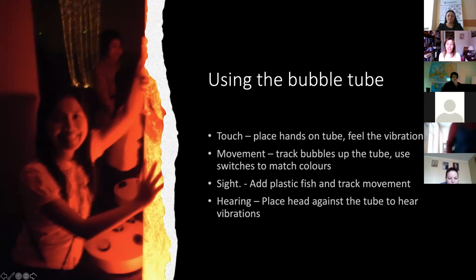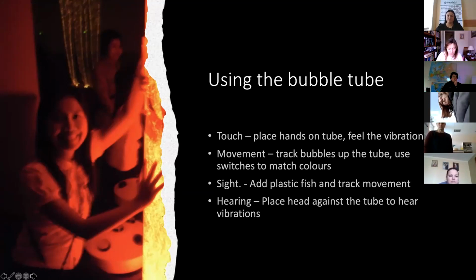So obviously fish and tracking the bubbles is going to be a visual activity for the child as well. And another aspect that children quite like is being able to put your head up against the tube and listening to the vibrations. That has a very slow, deep vibration, which can have a relaxing effect on the child.